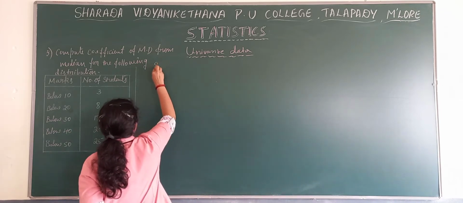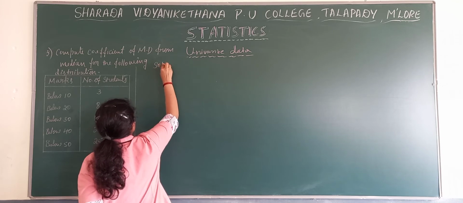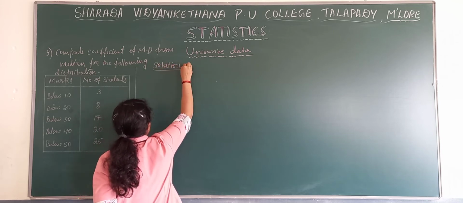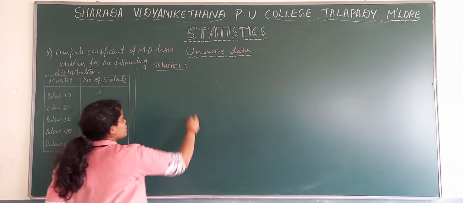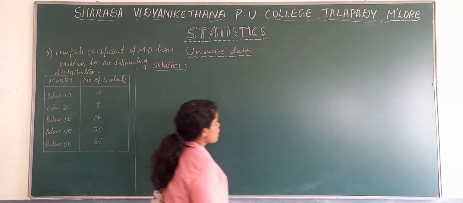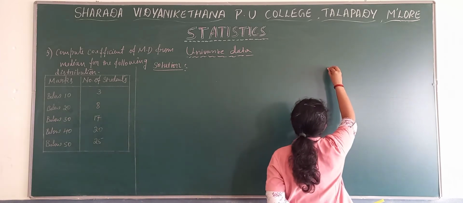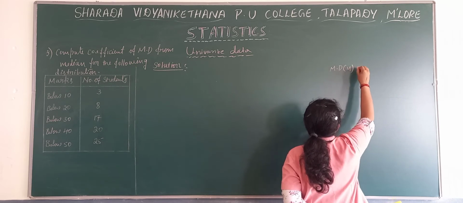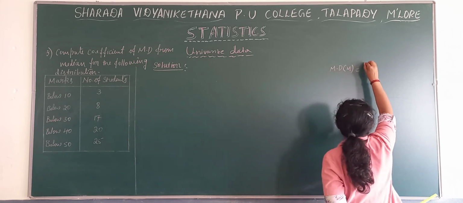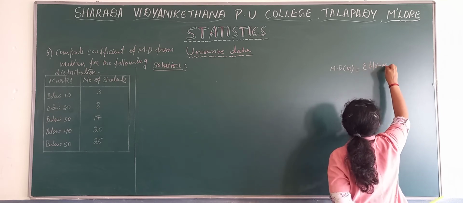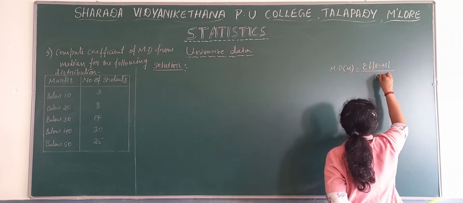Write the solution here. First we will write the mean deviation formulas. Mean deviation from median is equal to sigma f into modulus x minus M divided by n.